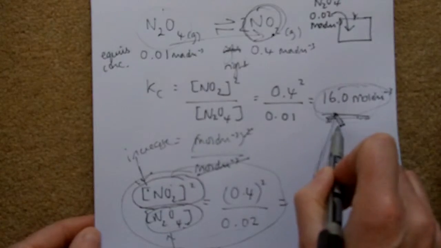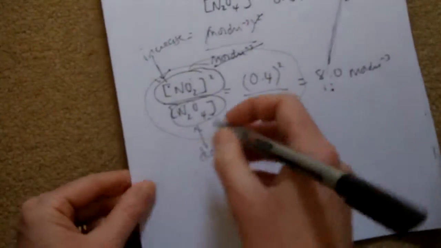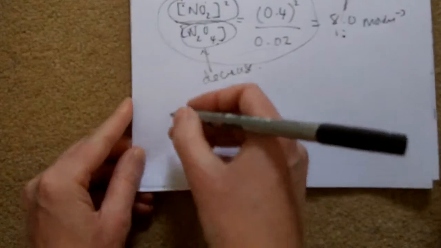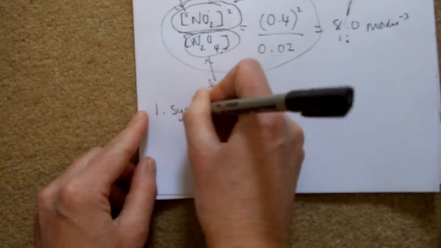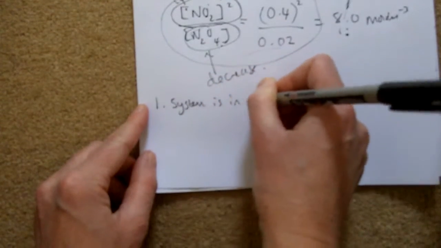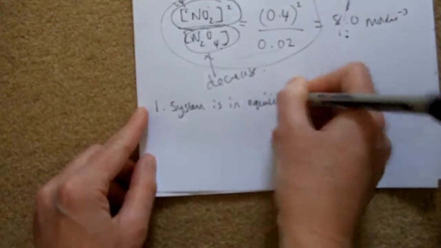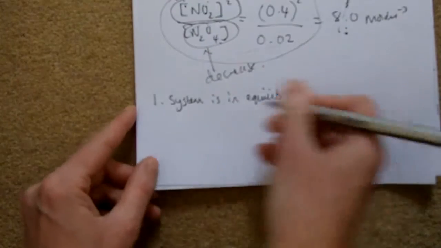So I'm going to write this down very briefly here. The system is in equilibrium, and you can work out the value of Kc.